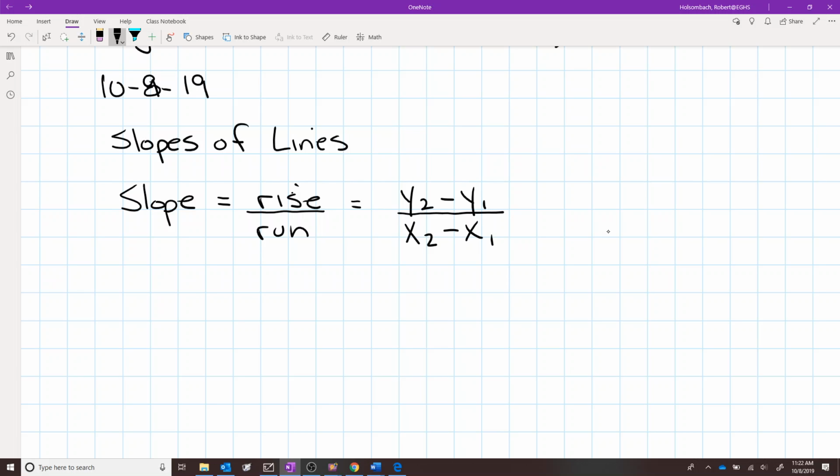point J is at -1, -2. And point K is at 3, 3.